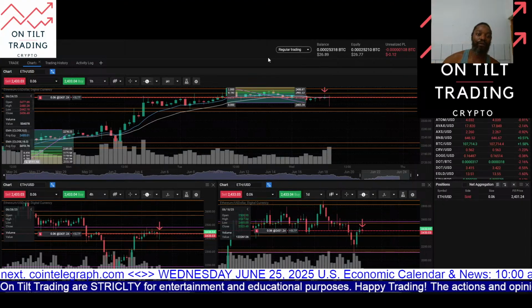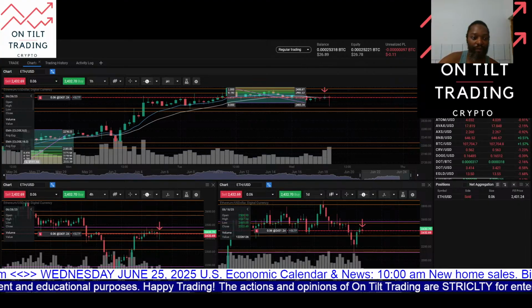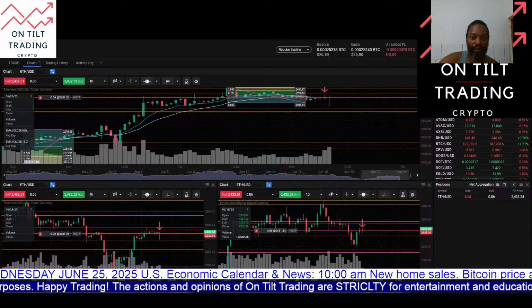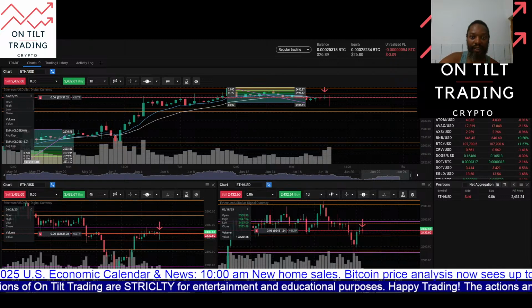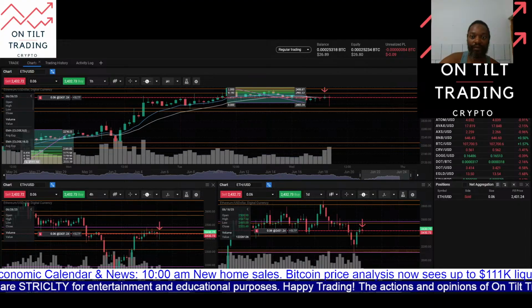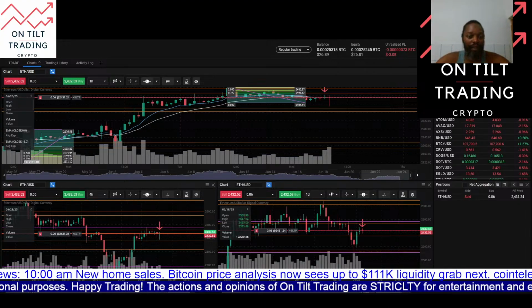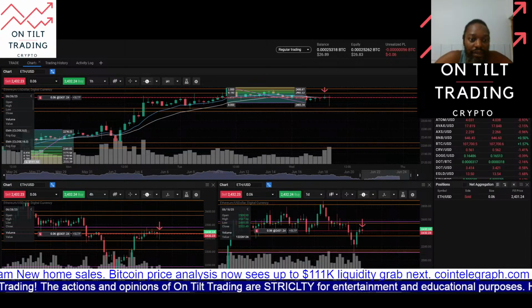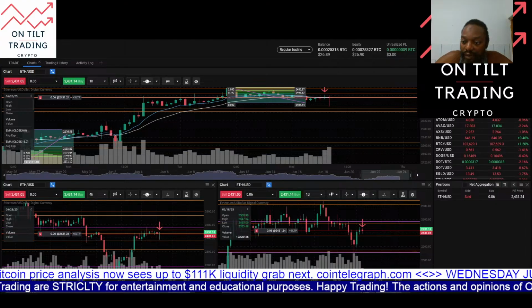So pretty slow price action here the last couple days. You can see this consolidation extending from Monday, it is now Wednesday, so 2 days of consolidation here.